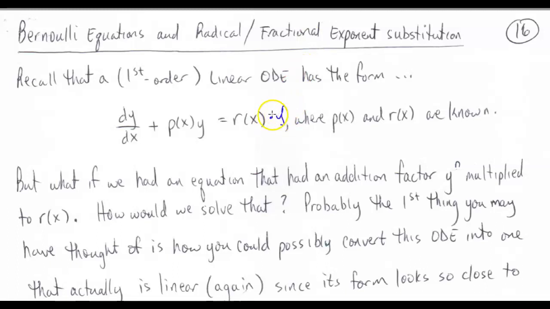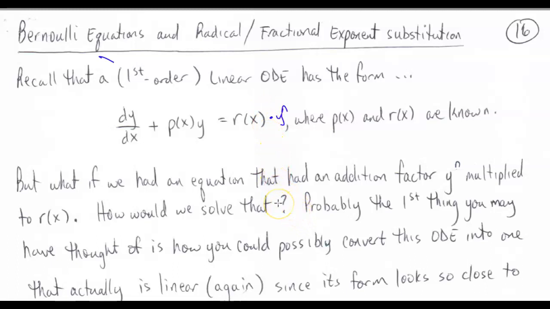Let's say we had that. Of course, this looks very similar to a first order linear ODE, but it's not, because now over here I have a function of x and y, whereas for a first order linear ODE, I need just a function of x. So how would you solve that?